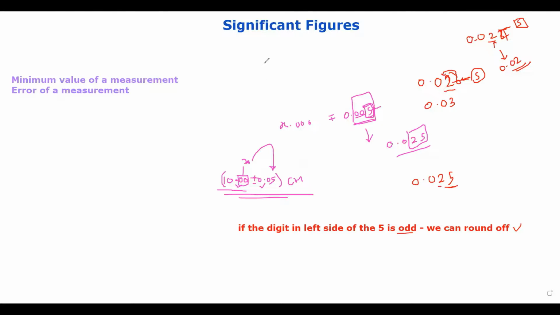What is the second rule? If the digit on the left hand side of 5 is an even number, we can't round off.